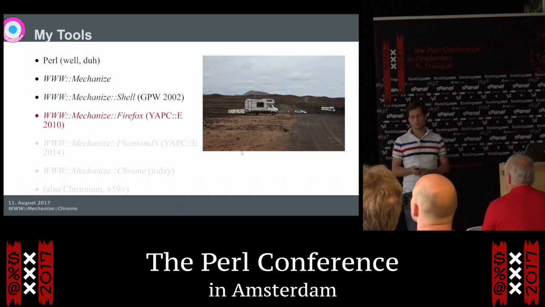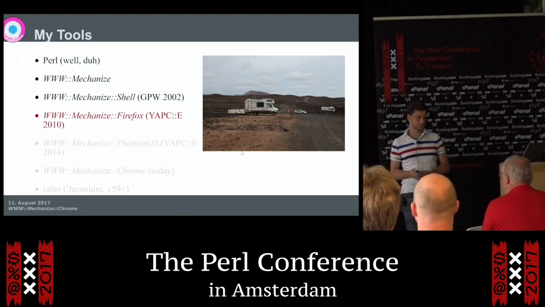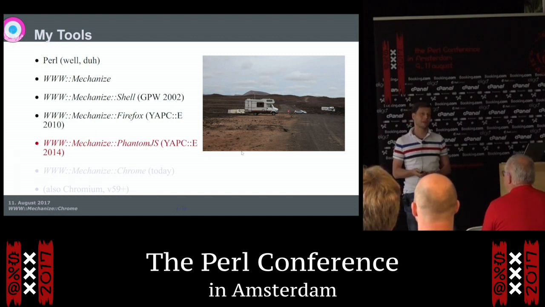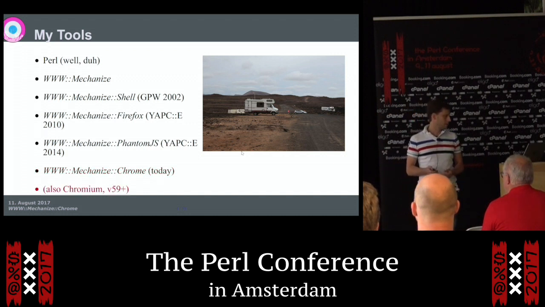And in 2010, I wrote the module WWW::Mechanize::Firefox, which uses the Firefox browser. And in 2014, I presented about WWW::Mechanize::PhantomJS, which replaces the Firefox browser by the Phantom.js browser. And today I want to tell you about Mechanize Chrome.